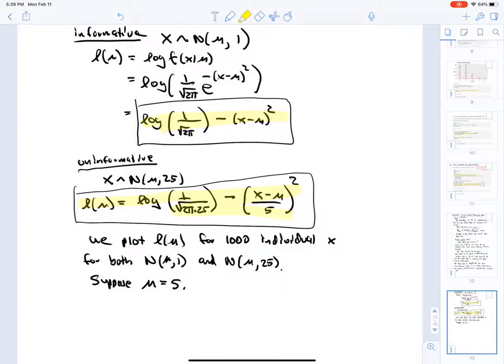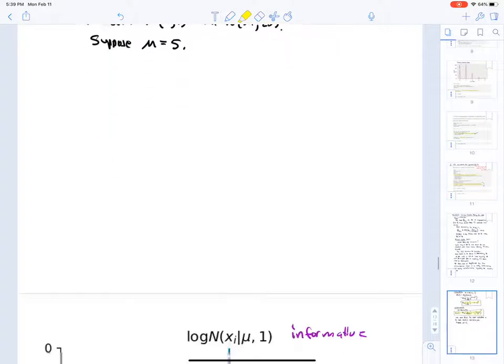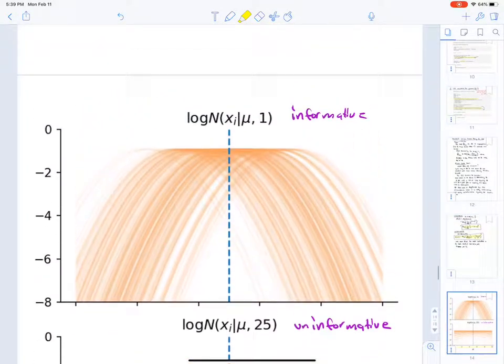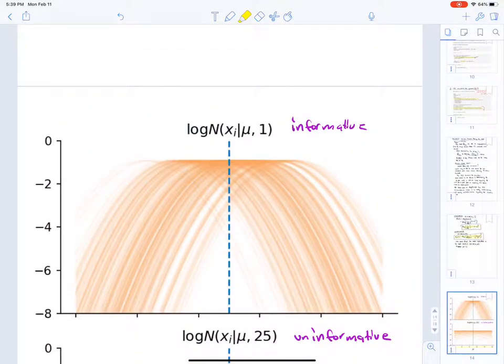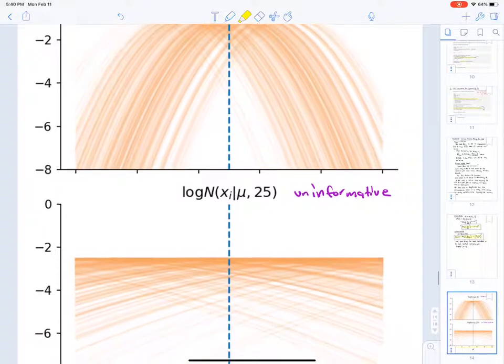To make this concrete, since these are functions of our parameter mu, the true value will be equal to 5, and so we get something like this. These are these log likelihoods, and let's put these together.